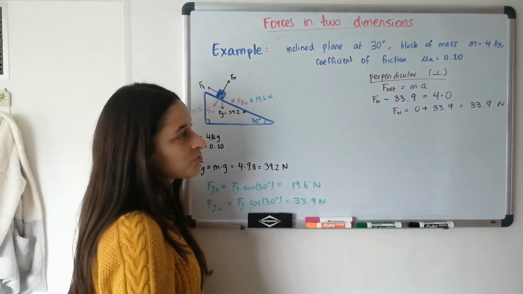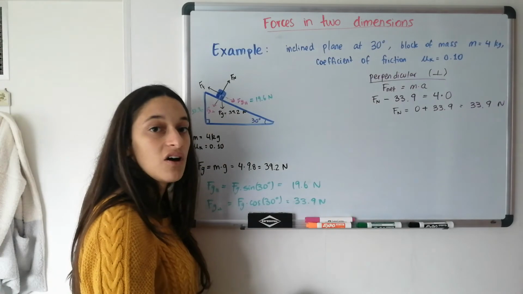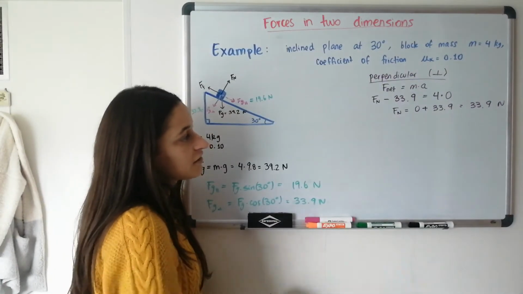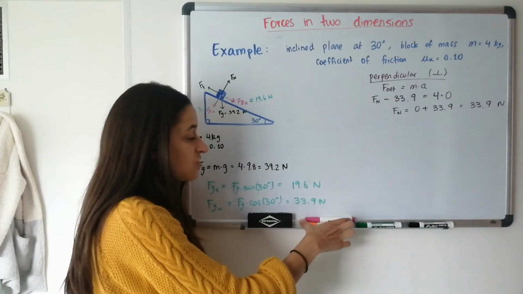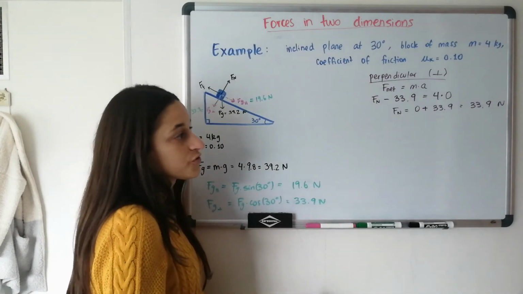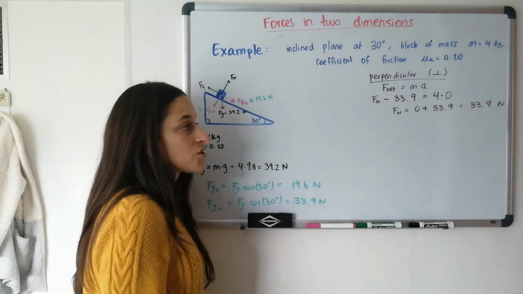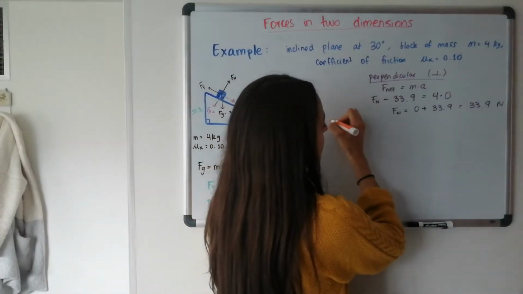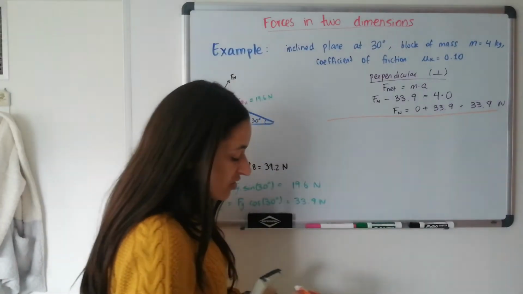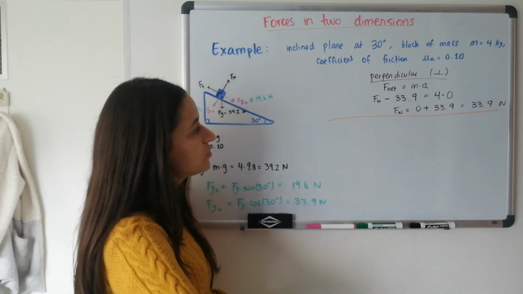But you don't have to remember it. You can just use Newton's second law, like we always do, and find it for yourselves. So that would be our result for the normal force, and that's all we can do with perpendicular. So again, we move on to parallel.